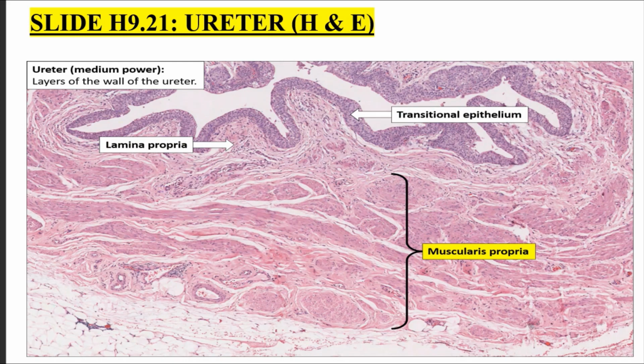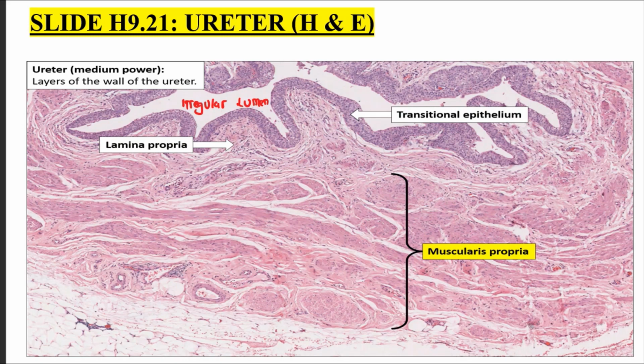So let's just label it irregular lumen. The lumen is covered by urothelia, which is transitional epithelia. And then under the transitional epithelia, you have the lamina propria, which is made up of areolar connective tissue. And then you have the muscularis propria, which is the muscle layer.